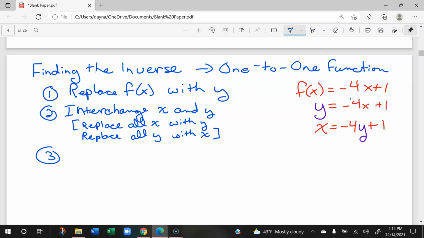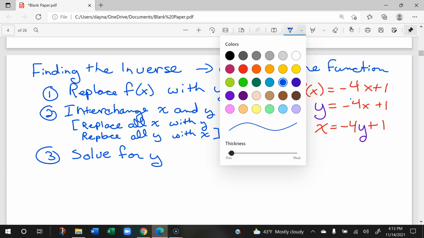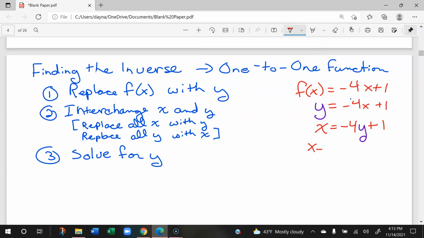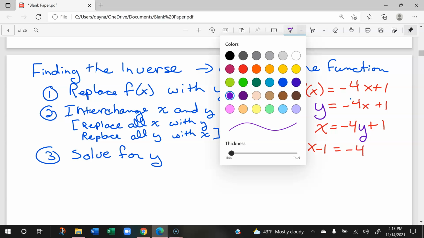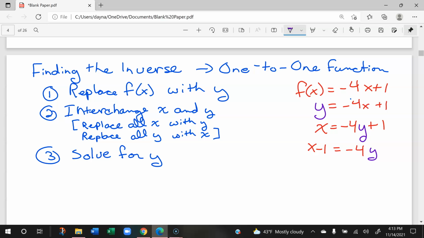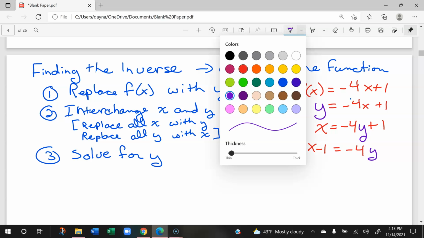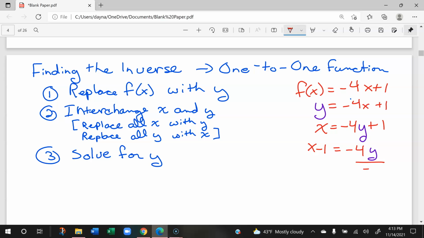Step number 3 is I'm going to solve for y. So I need to solve this for y just like I normally would. I'm going to subtract the 1 first, and I get x minus 1 is equal to negative 4y. My next step would be to divide everything by negative 4. So I'm going to divide each of these terms by negative 4.